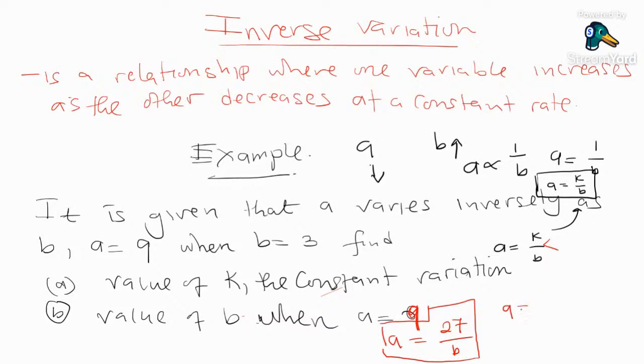So 9 is equal to 27 over B. You cross multiply here, and you're going to have 9B equals 27. You want to get rid of 9 so that you can just remain with B. So therefore B gives us 3 as the answer.